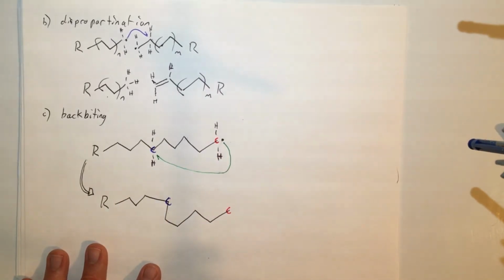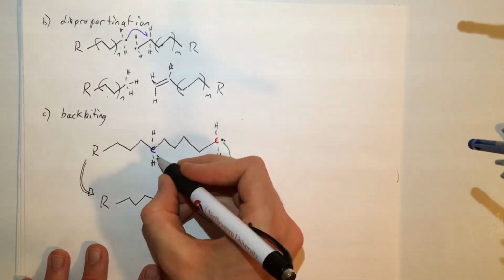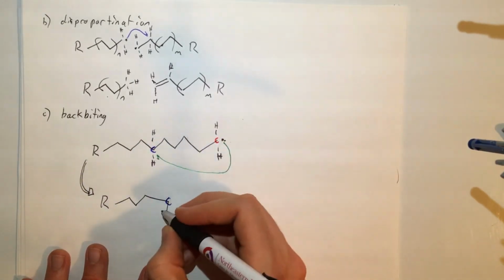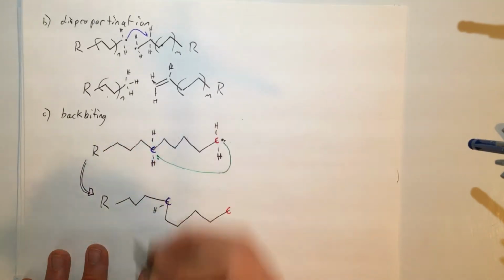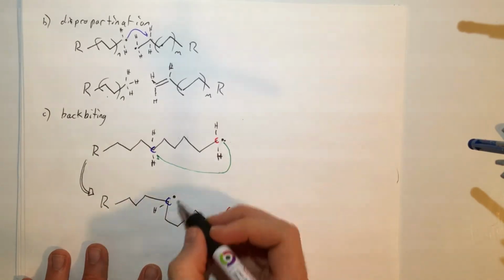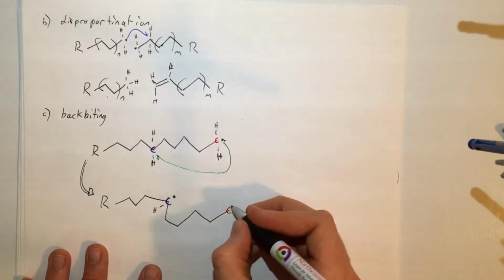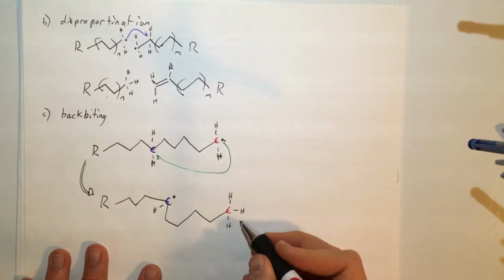So what happens when this radical electron comes to visit? Well, it pops off one of the hydrogens here. So we still have this hydrogen, but maybe it pops this hydrogen off here, replaces it with the free radical, and the hydrogen that was here ends up being connected to the carbon at the end.